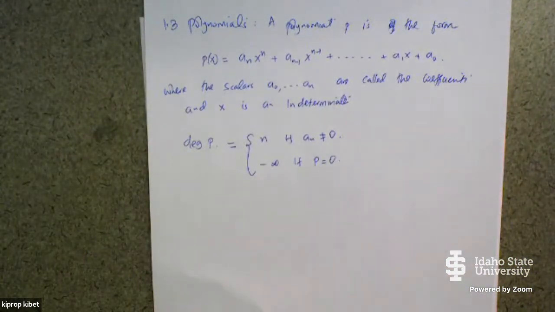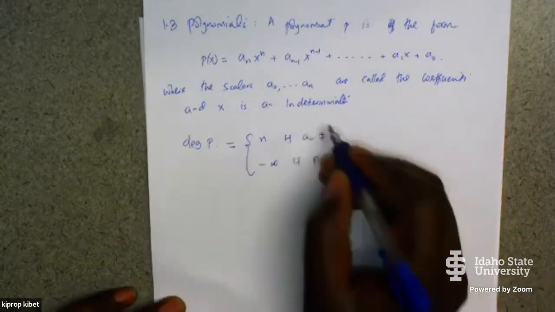So we say that a polynomial is of that form, where A naught, A1, up to An are the coefficients, and X is basically the indeterminate.